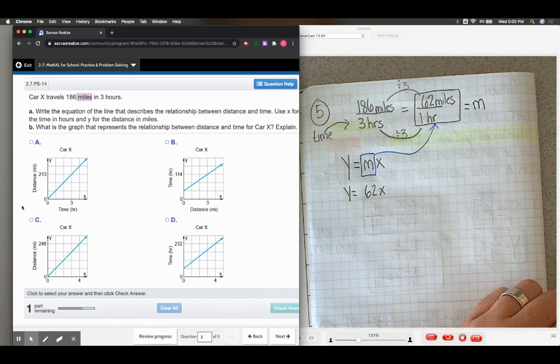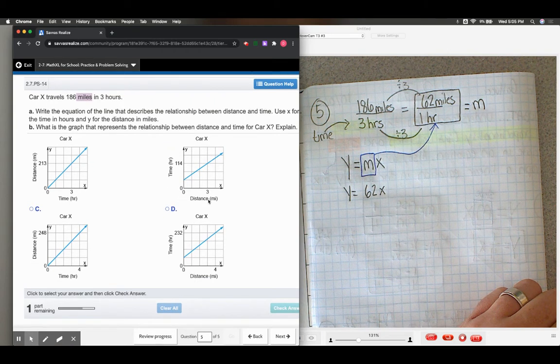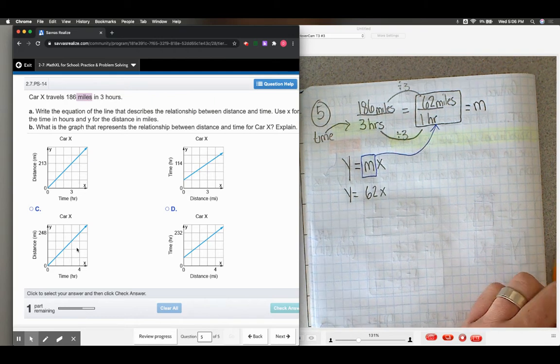It can't be A, process of elimination. For the same reason, it doesn't look like it can be B, because 3 hours, 114, no bueno. So it's either C or D. And let's see here. I don't know if 3 hours right here is 186.